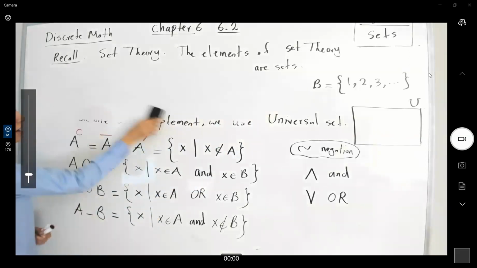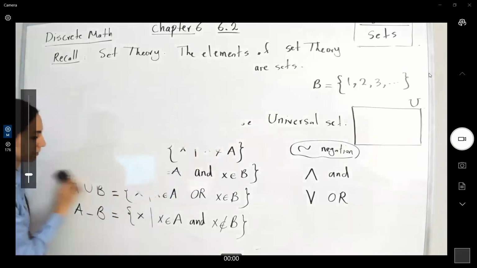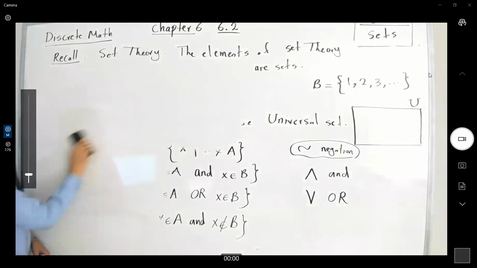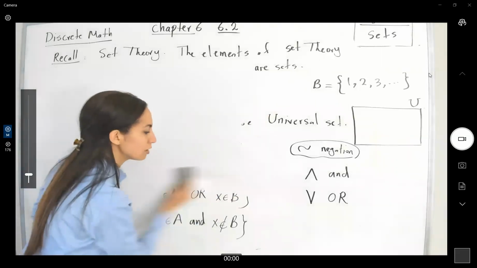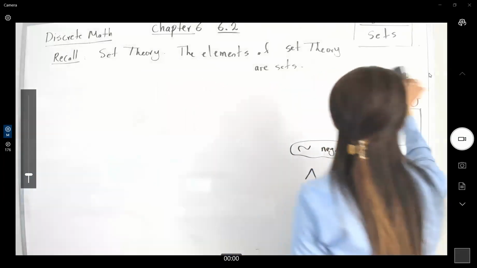We also talked about mutually disjoint sets. We said two sets are disjoint from each other if they have no intersection.